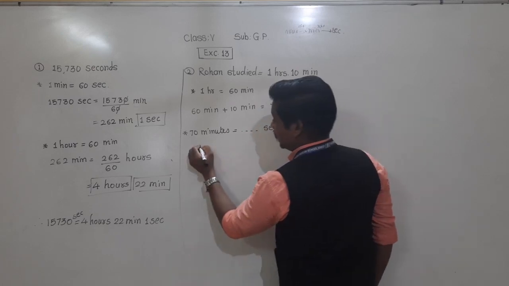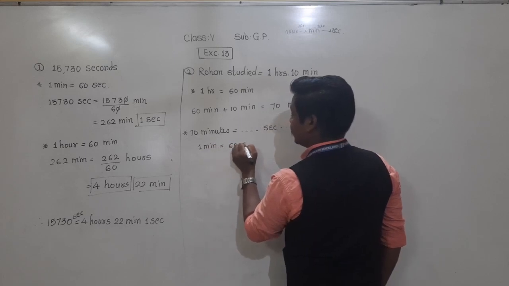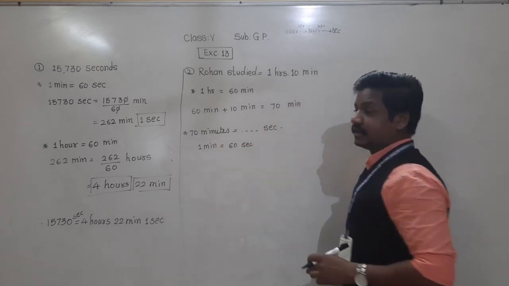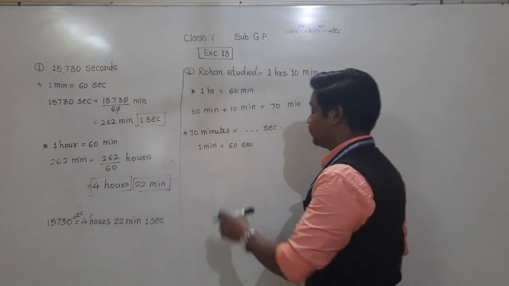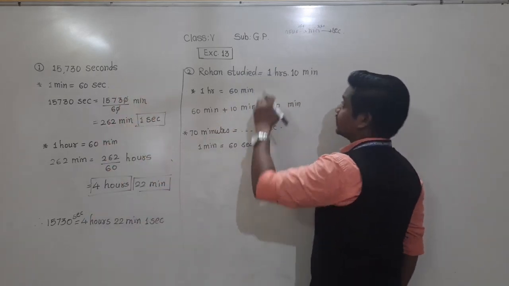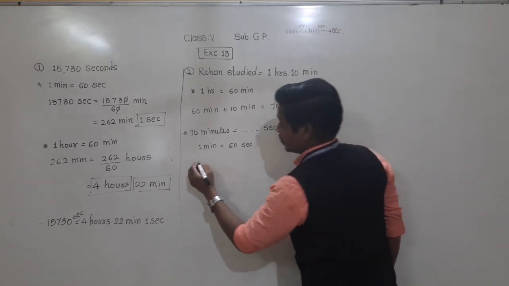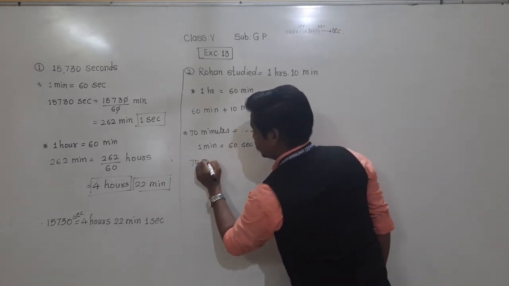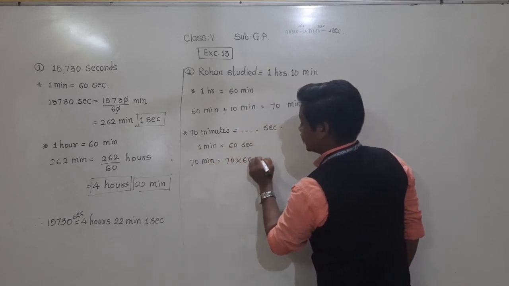So you know that 1 minute means 60 seconds. And since we are converting minutes to seconds, whereas earlier we converted seconds to minutes, at that time we divided by 60. And when we are going to convert minutes to seconds, bigger unit to smaller, at that time we multiply. So 70 minutes is equal to 70 into 60 seconds.